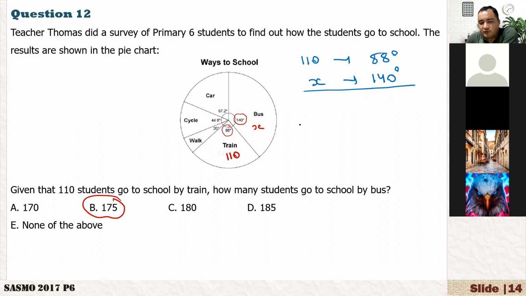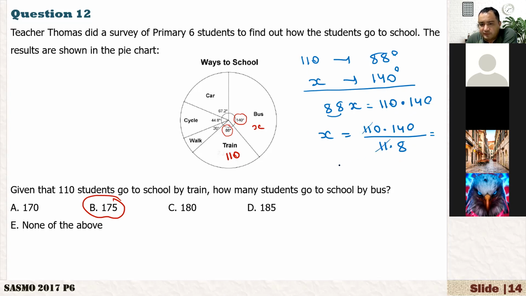To solve this, we cross multiply. 88x is equal to 110 times 140. Don't rush to multiply these two numbers, just keep it like this. Now divide both sides by 88: 110 times 140 over 88. What is 88? That is 11 times 8. So this 11, they cancel each other, right?